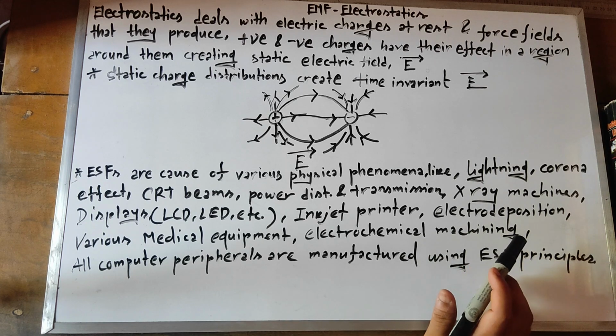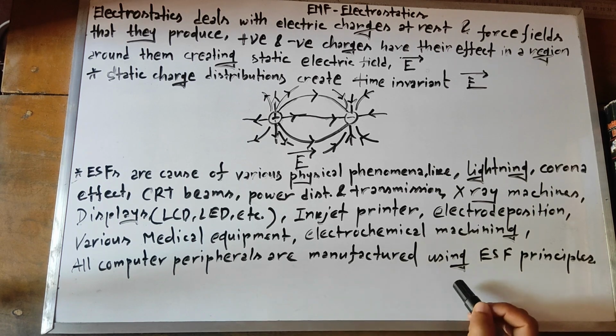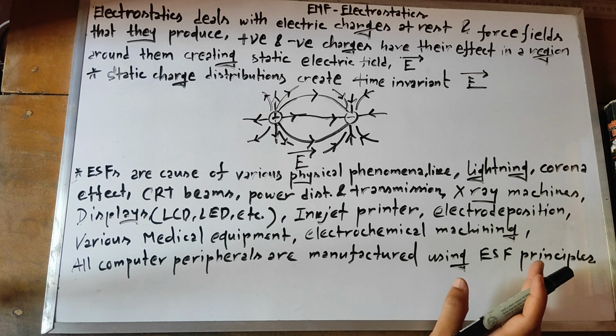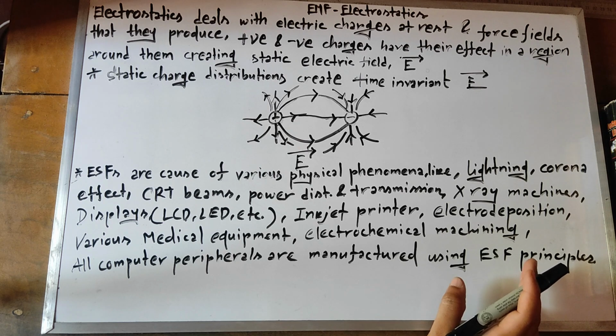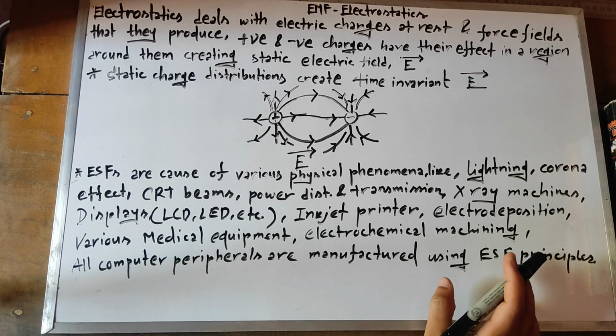Electrochemical machining and all computer peripherals are manufactured using ESF or electrostatic field principles. So the electrostatic field is a very important phenomenon. It's a natural effect that is used to design and manufacture some of the most sophisticated instruments human civilization has ever made.